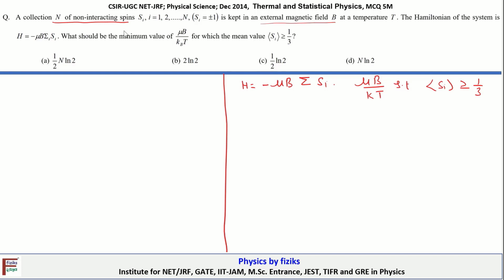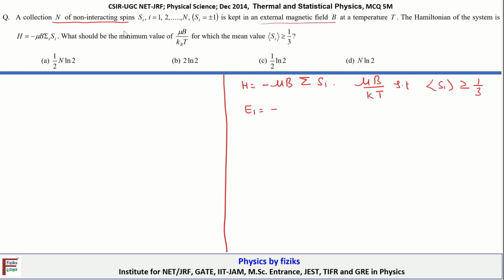Okay, so let's try to figure out how we can solve this problem. The Hamiltonian is given to us, and since this system is kept in an external magnetic field, depending upon the alignment of the spin, whether it's aligned along the field direction or opposite to the field, we will have two energy interaction terms. So we continue with one single spin.